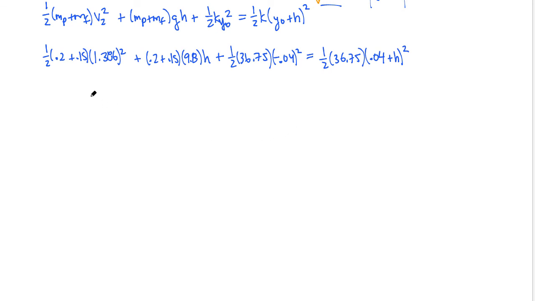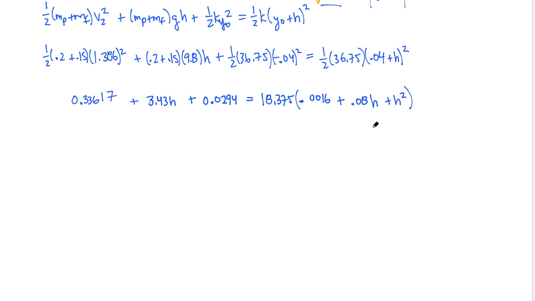All right, so working through this, from this term we have 0.33617, I'll leave it there, plus 3.43h plus 0.024 is equal to 18.375 times the expansion of this binomial, which is going to be 0.04 times 0.04 is 0.0016 plus 0.08h plus h squared.